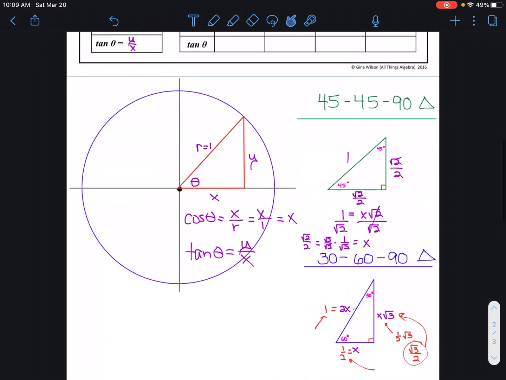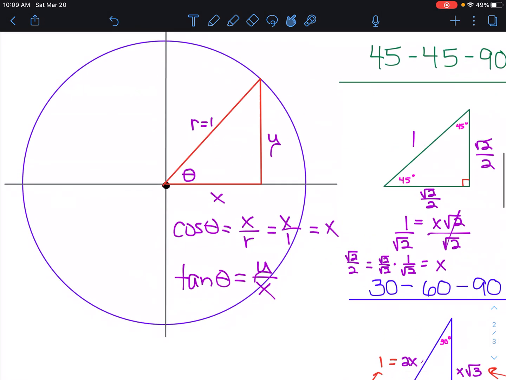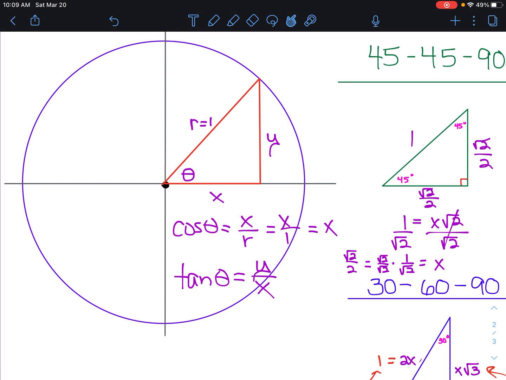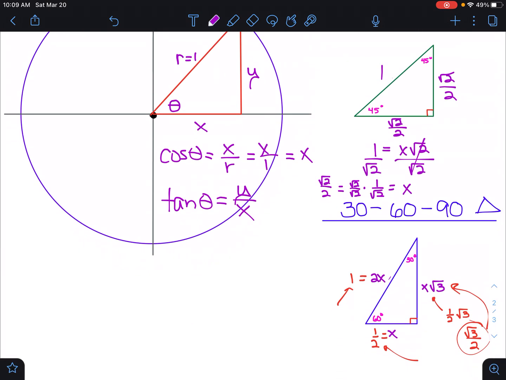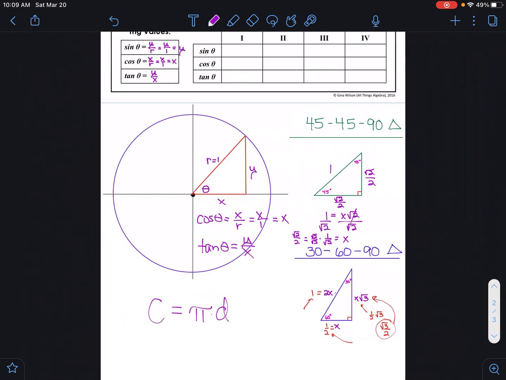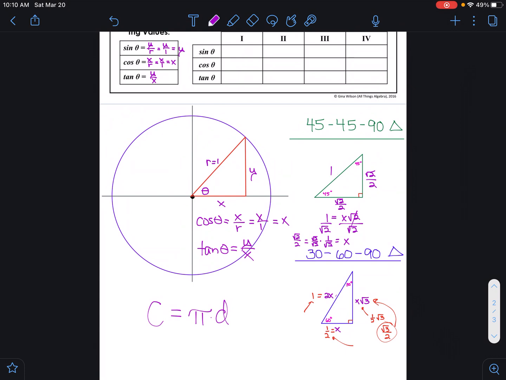Okay, so radians are measured in terms of pi, and they're used based on the circumference of a circle. So you know the circumference of a circle is pi times diameter. Okay, now the circumference of a circle, in this case the diameter, right, is 1.